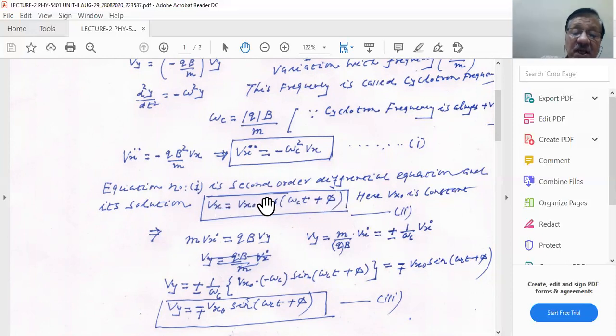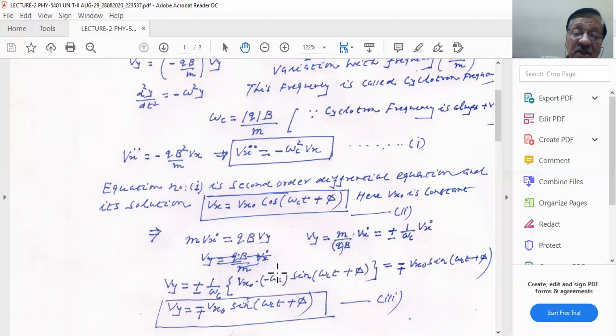Now Vx dot I can take as the time derivative of Vx. So Vy is equal to plus or minus 1 upon omega c, and now we have Vx dot. Take the time derivative: Vx0, and the differentiation of cosine gives a minus sign, so it is minus sine of omega c t plus phi, and d by dt of omega c t plus phi gives you omega c. So there is a minus sign and omega c.